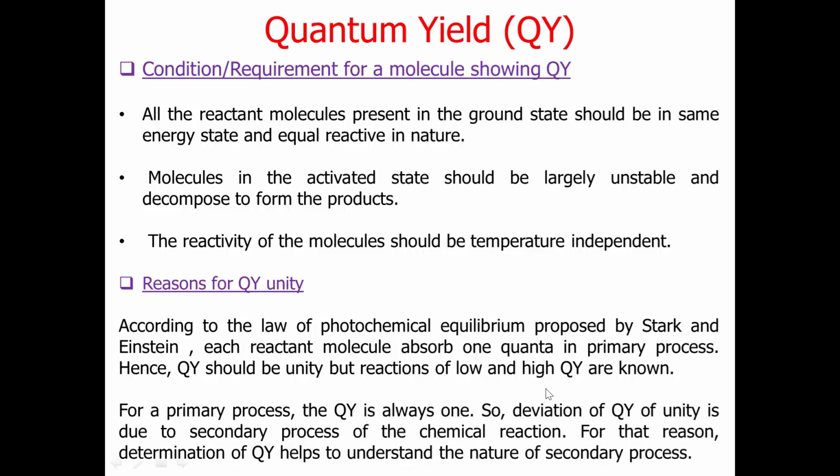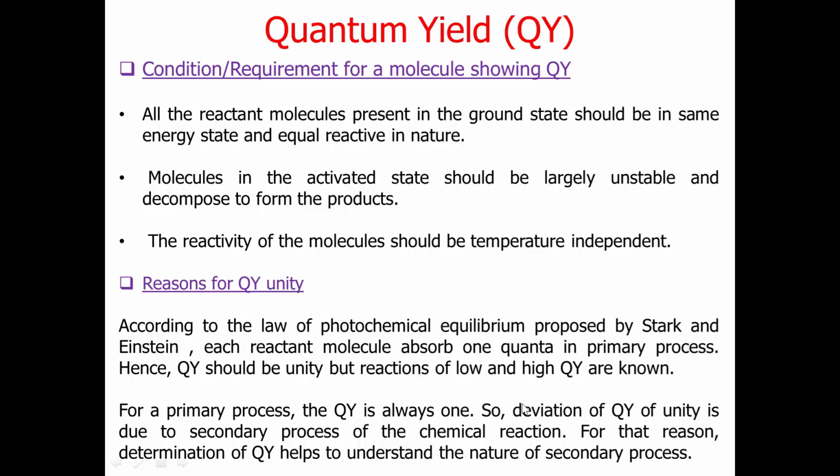So for a primary process, since the quantum yield value is always 1, the deviation of quantum yield from unity is due to the secondary process of the chemical reaction, because all of you know that in the secondary process the molecules can be activated, and during the activation some kind of change of the property of the molecule can occur.